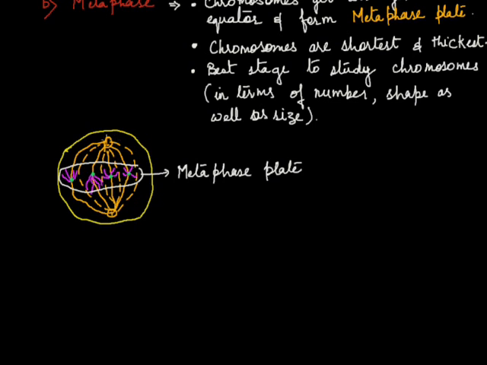The discontinuous fibers extend from one pole to the other pole, but they are attached to the chromosomes. But the continuous spindle fibers, represented by the dotted lines, extend from one pole to the other without being attached to the chromosomes' centromeres.